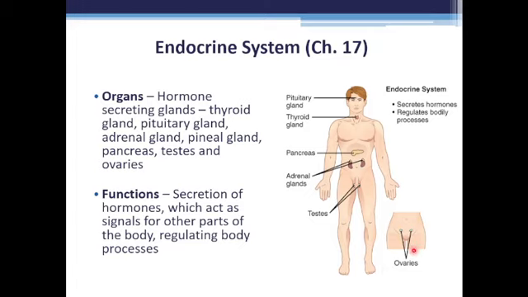For example, if you're a female and you're going to give birth, of course, it's very hard to give birth. So the endocrine system gives a little bit of ease for you.